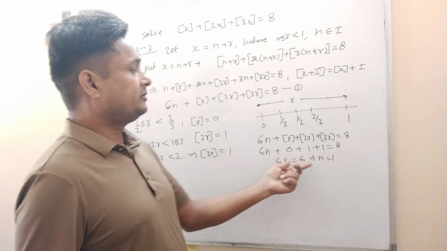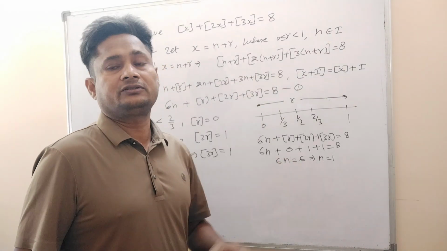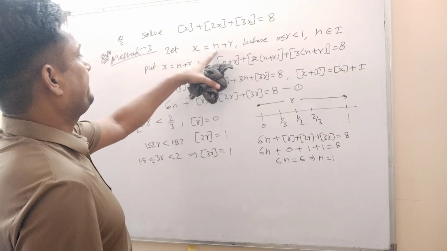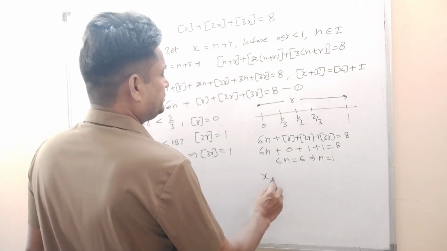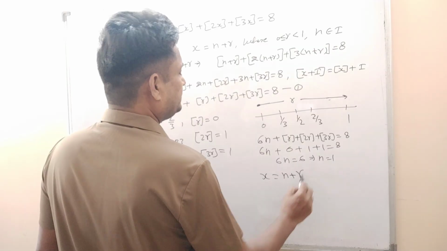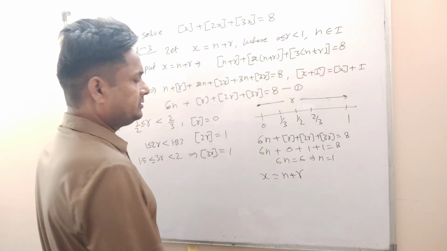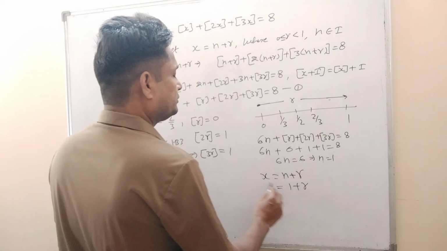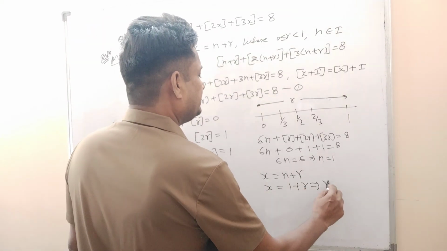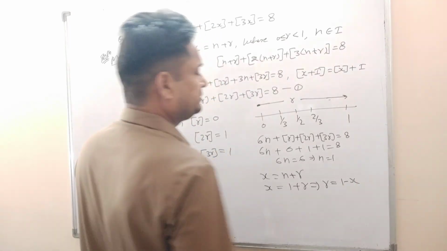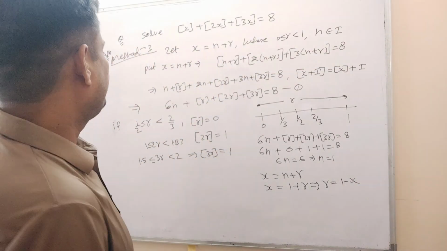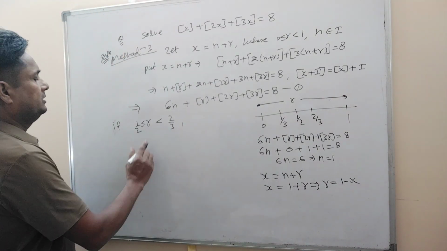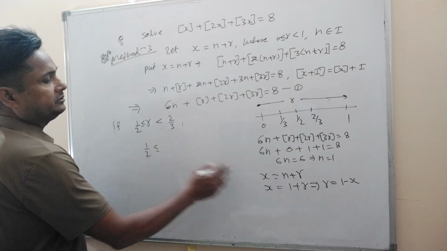Now we have to find the interval of x. So substitute n is equal to 1 here. We have assumed x is equal to n plus r, so this will be 1 plus r. From here we can find r is equal to x minus 1. And what is our interval? Our interval is this one. Now substitute x minus 1 in place of r.